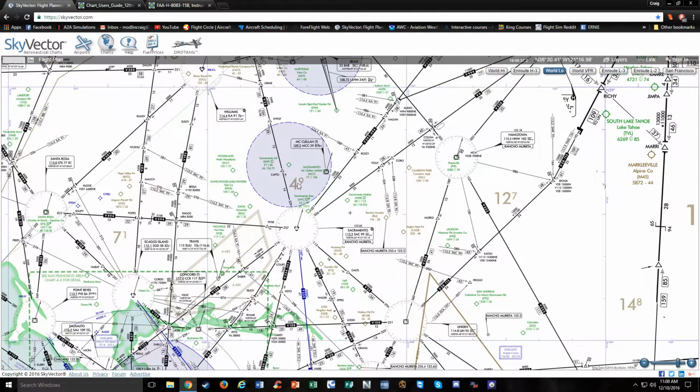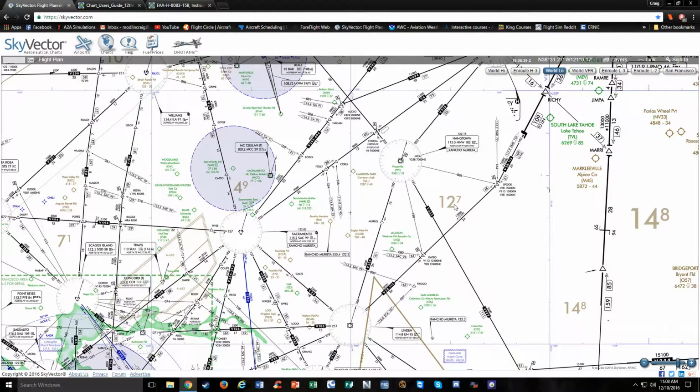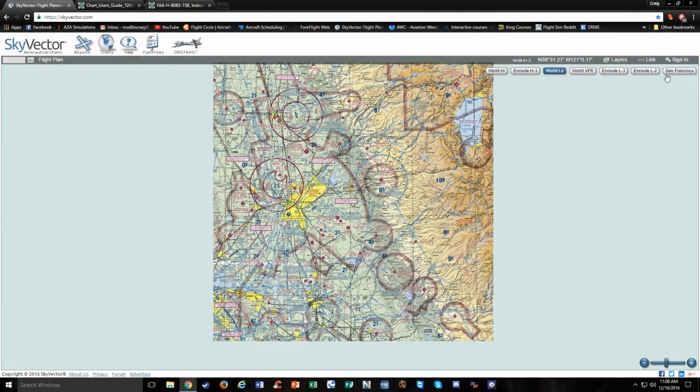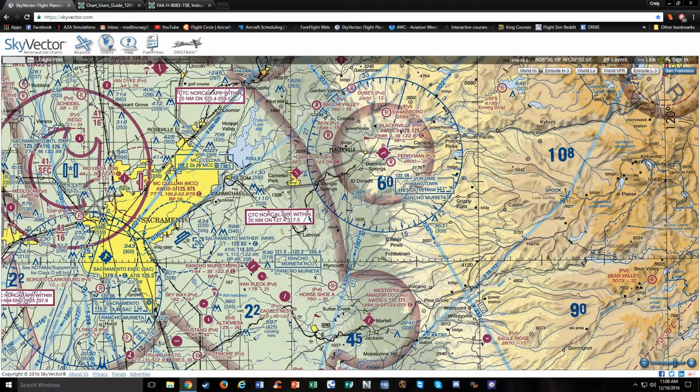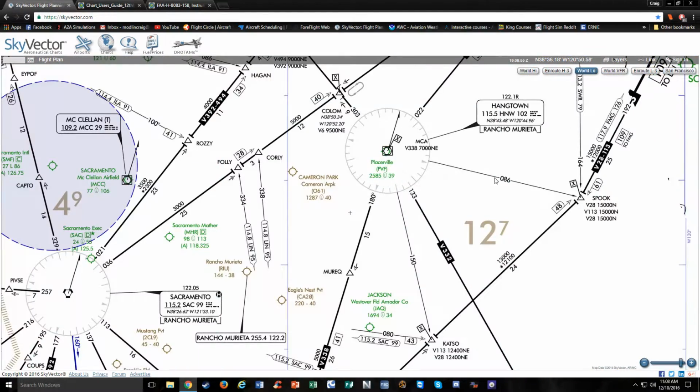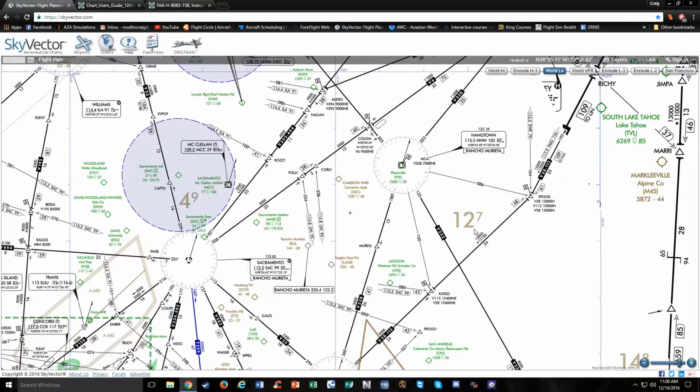And some of these other numbers, like this 12.7 over here, and this 14.8 over here, and this 4.9 over here, it kind of looks like the maximum elevation figure that you find on your sectional charts, like this 6.0 and 10.8. But this is the off-route obstruction clearance altitude, or ROCA.